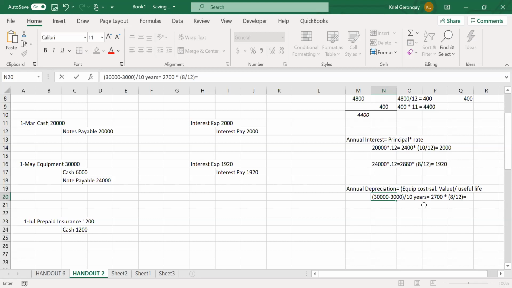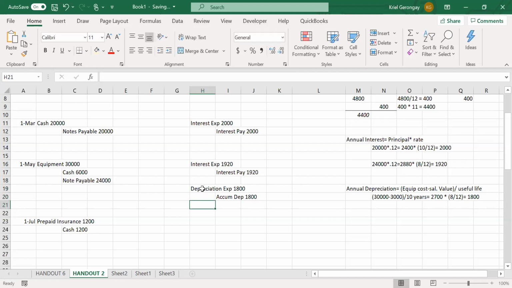And that gives me 1,800. So to record the depreciation, it's going to be a debit to depreciation expense of 1,800, and a credit to accumulated depreciation.